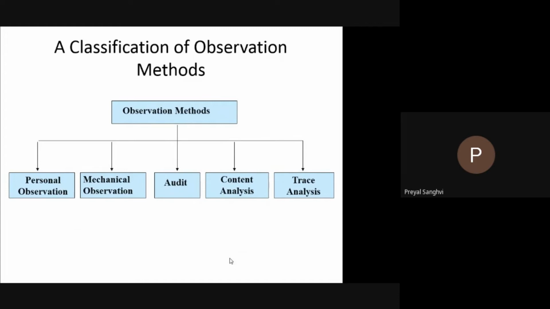If we talk about the mechanical observation method, then in mechanical observation, the researcher is using some kind of mechanical instrument. They can use a psychogalvanometer, an eye tracking monitor, a pupillometer, or voice speech analysis. These are the different instruments the researcher can use, and based upon that the researcher tries to observe the behavior of the respondent.